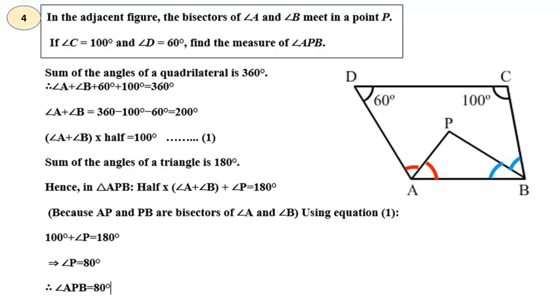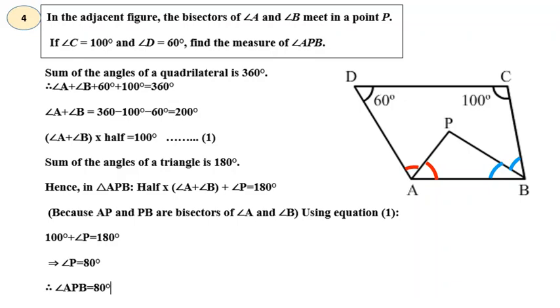So A plus B is 200. That's what we come to know. A plus B is 200. So half of A plus B is 100 degrees. Correct? If A plus B is 200, half of A plus B is 100. I have written that as equation 1.